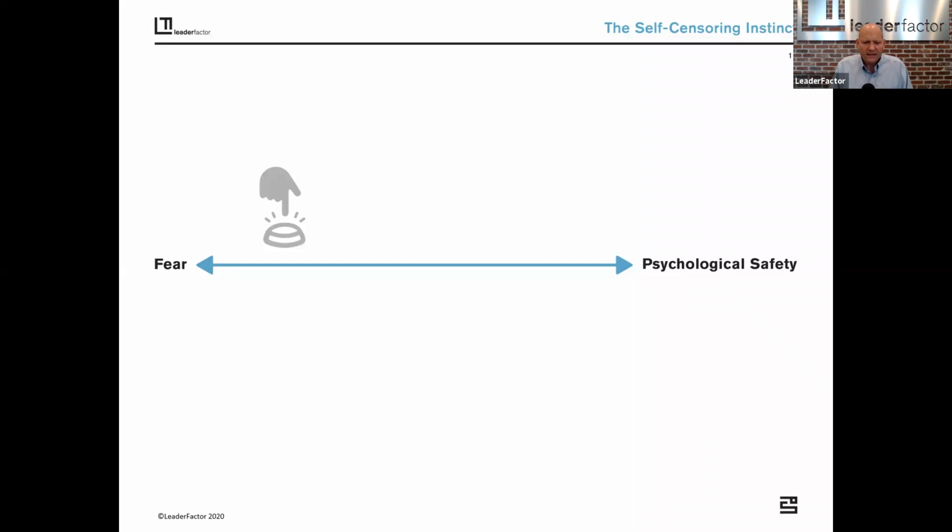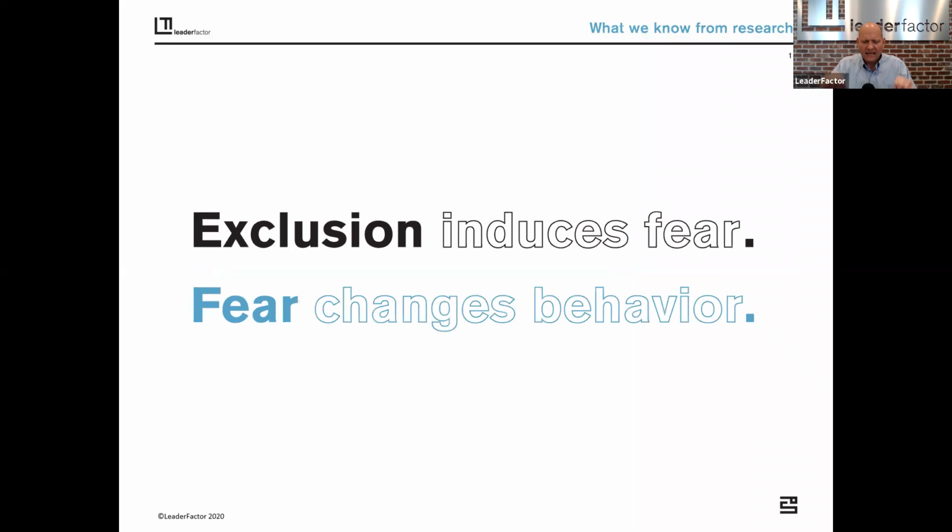But what we haven't understood quite so well in years past is the implications of this. So let's talk about what it does. Exclusion and any of these exclusion-based events induce fear, and fear changes behavior.